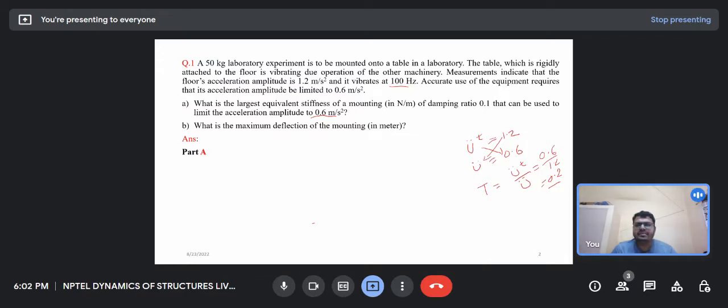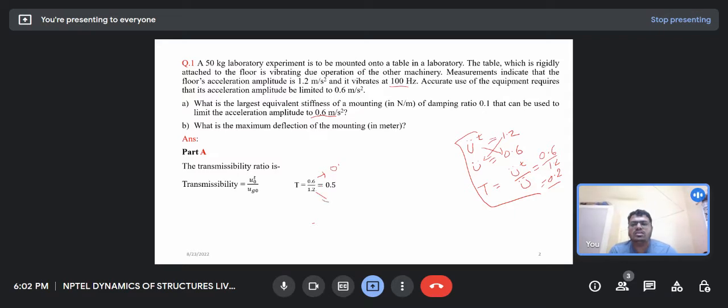So in this part A, what is the transmissibility ratio? Whatever I have discussed here, that is u total divided by u ground, in the acceleration term. This is in the displacement, but the transmissibility is the same for the acceleration as well as the displacement.